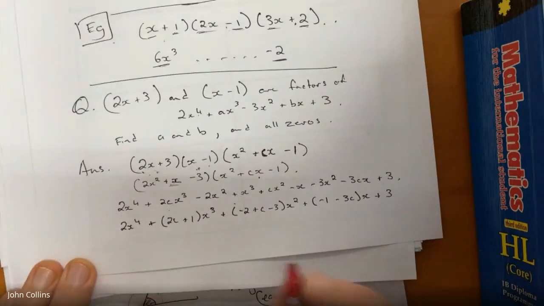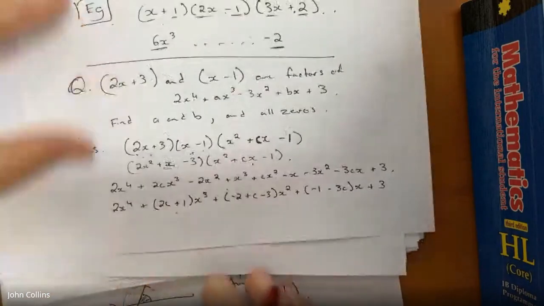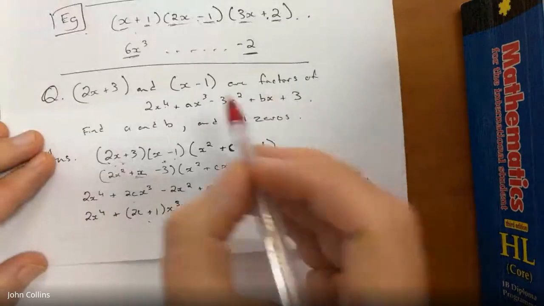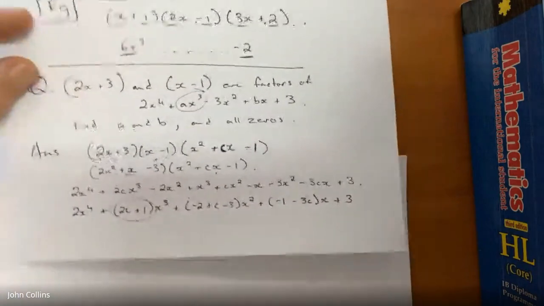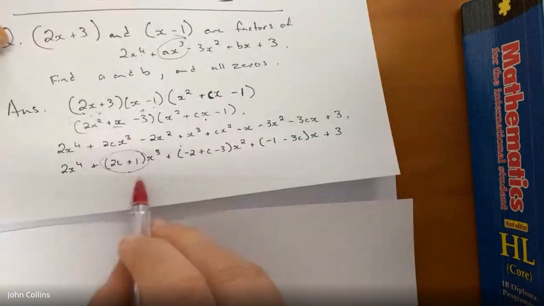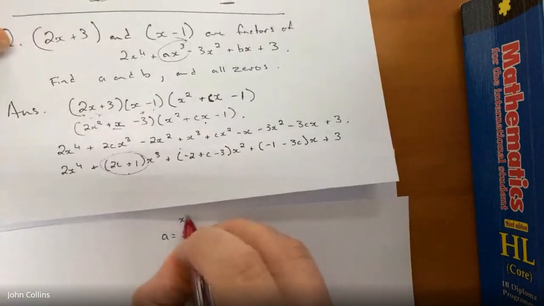Now, this is the same as that. Let's start a new page for this. Which means that this term has to be the same as this term. So I can jump to the conclusion that a equals 2c plus 1, from the x cubed.